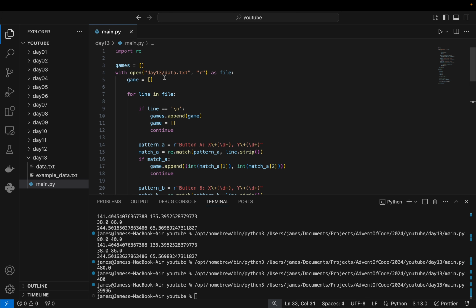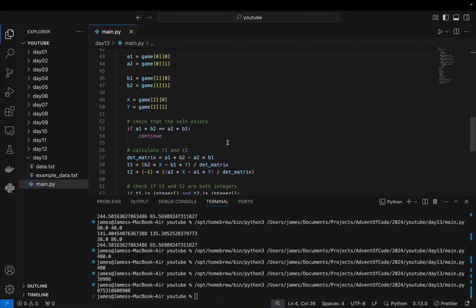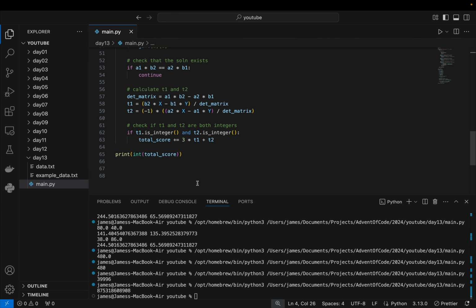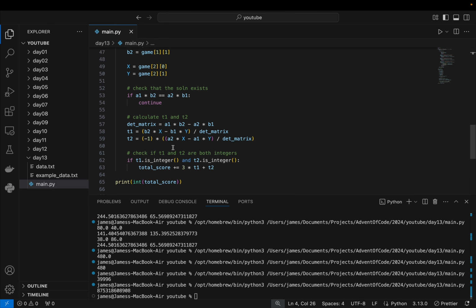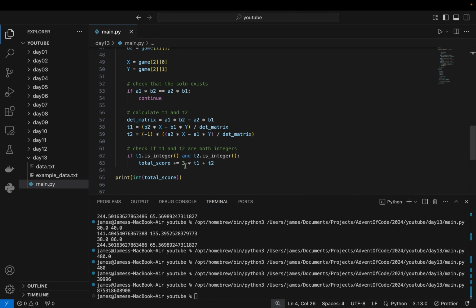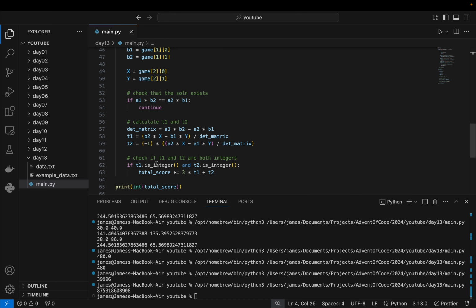And then if I go back to the example, the example doesn't tell us the score that we should get, but what it does tell us is that the second and fourth one should have solutions.